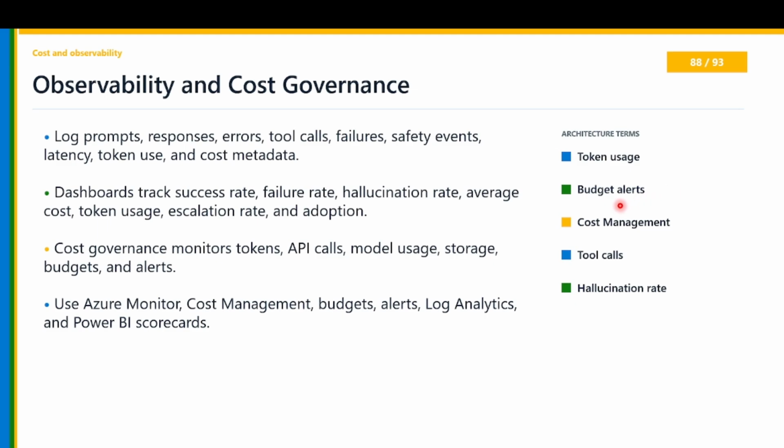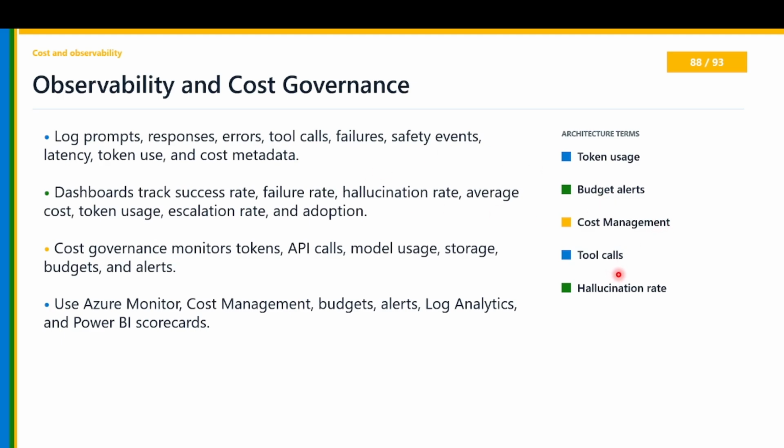When the agent is spending up to what you have set, you should receive an alert and go and check what is wrong in the system and what is making the system generate the amount of cost it's generating. Cost management is very, very important. You can use cost management on Azure to set alerts, to set budget, and to monitor the cost of the agent. And then you can also collect cost metrics.